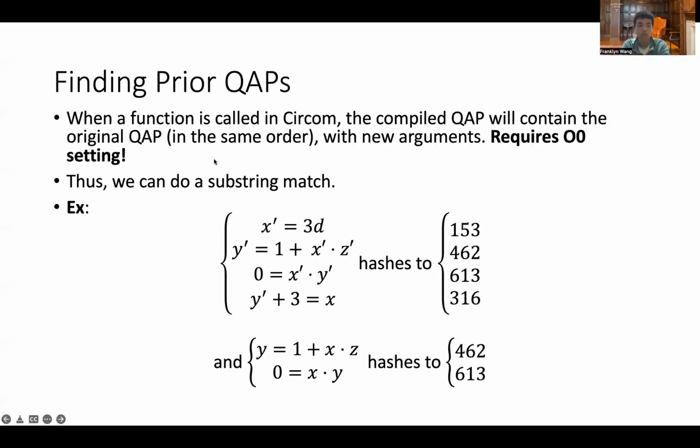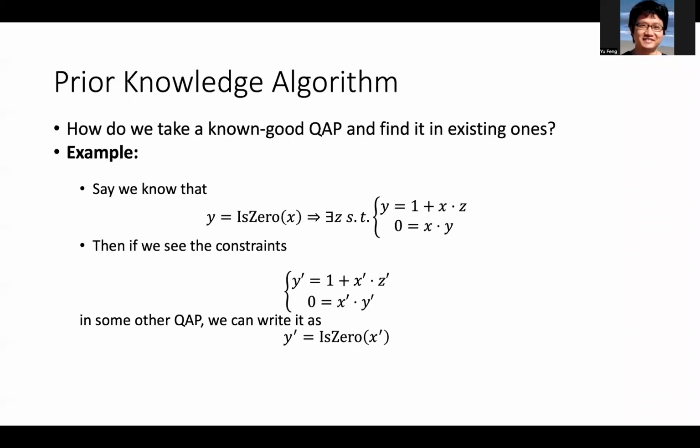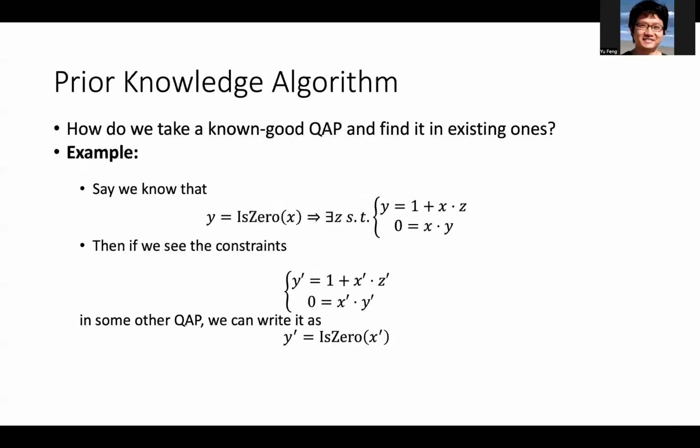Sorry, Franklyn, could you go back and illustrate the inside of this conversion? Let's say you see an equation from an existing good QAP. First of all, how do you define the notion of a good QAP? You mean they are known to be bug-free? These are QAPs that you trust, so you provide QAPs that you trust. Maybe you trust this QAP, and now you just look for that in other QAPs.